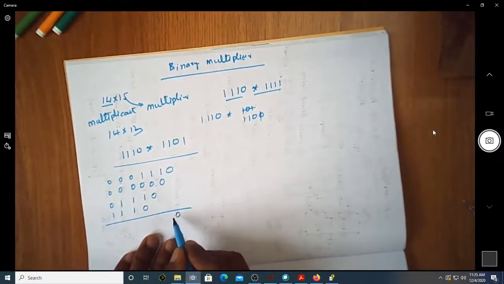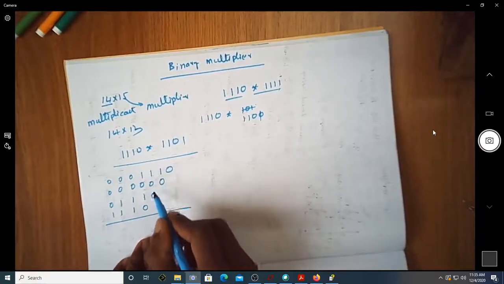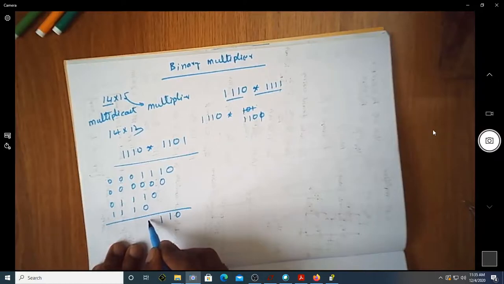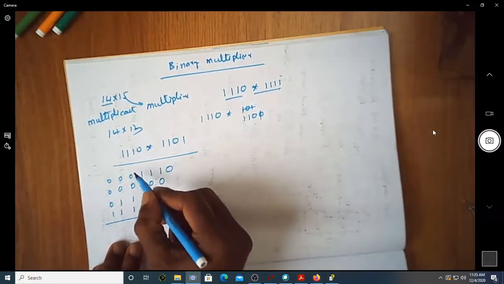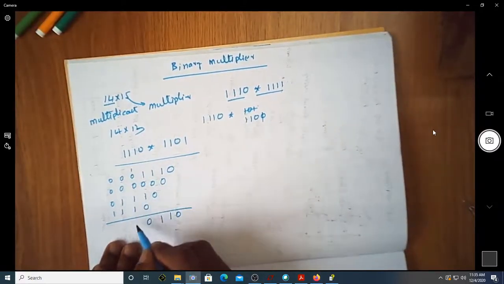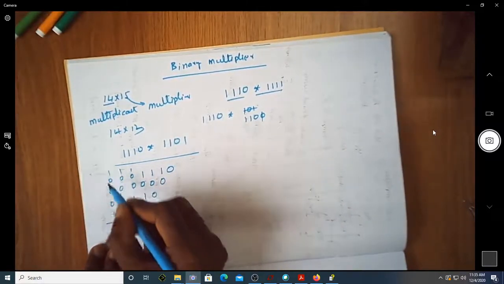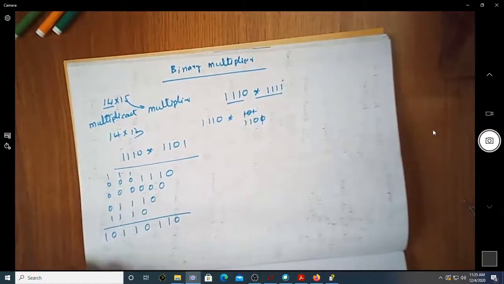So this is 0 1, and you can see this is again 1. It is 1 plus 1 with a carry 1. Now there's a carry. It is 1 with a carry 1, and again 1 with a carry 1, and it is 0 with a carry 1.